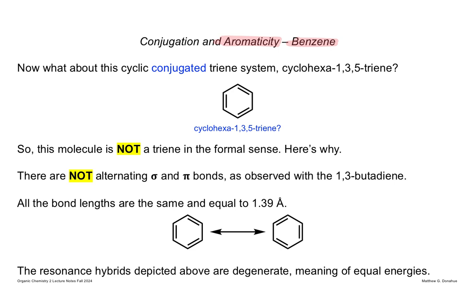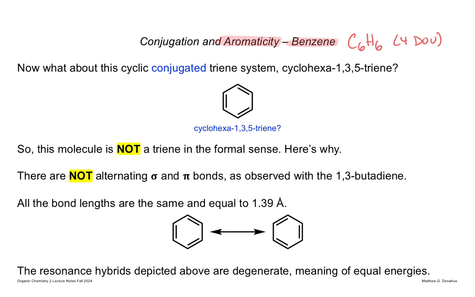So benzene has a molecular formula of C6H6. So 4 degrees of unsaturation. Now the way I want to explain what aromaticity is, we're going to have a triene, so 6 carbon atoms with 3 double bonds.